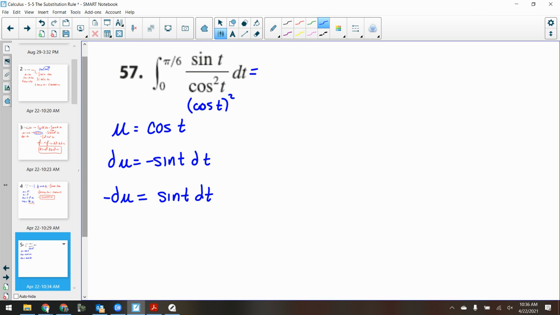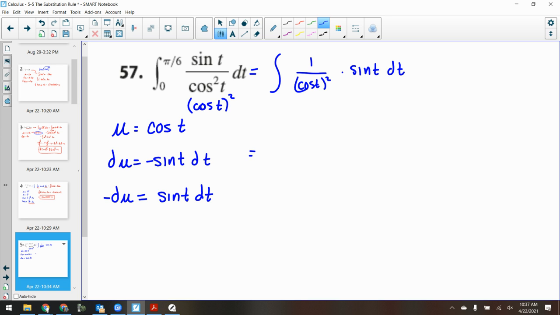This is really equivalent to 1 over cosine t squared times sine t dt. I just removed it and put that squared above. Why am I doing that? So that you can truly see how these are going to substitute in.